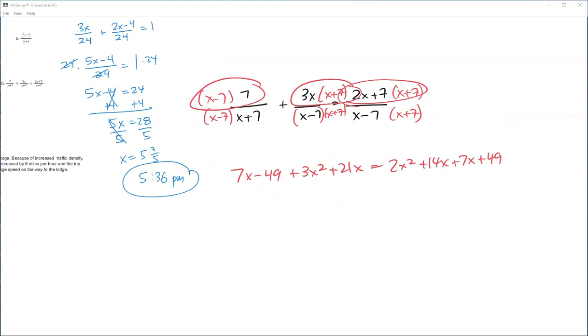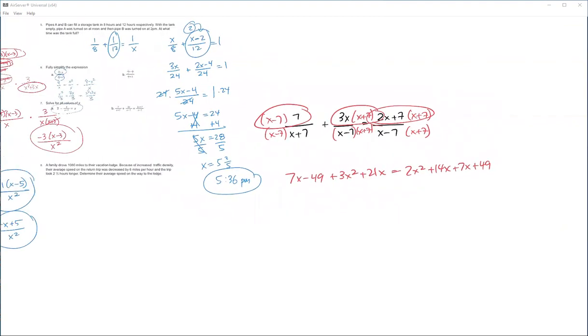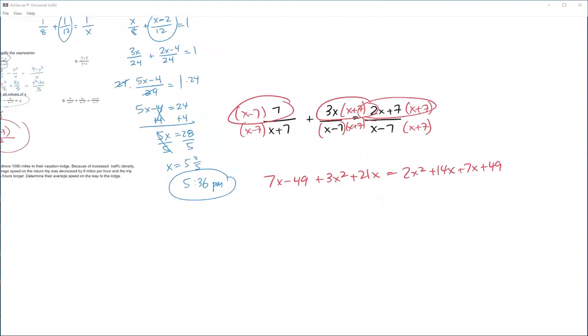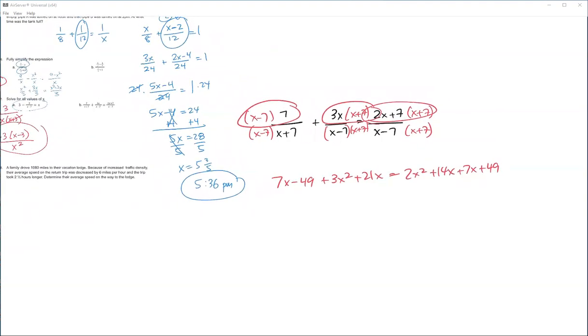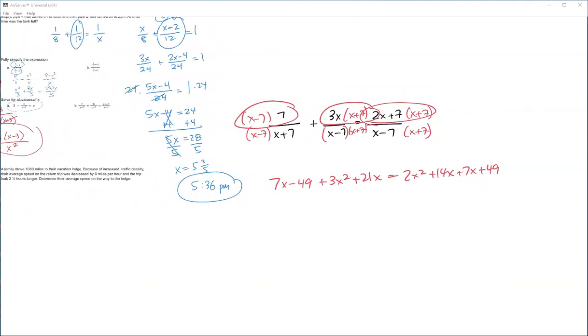Now you want to kind of combine, yes. Shouldn't that be x minus 7? Which one? The last part? Yeah. Did I copy it right? We're multiplying x minus 7 by x plus 7.